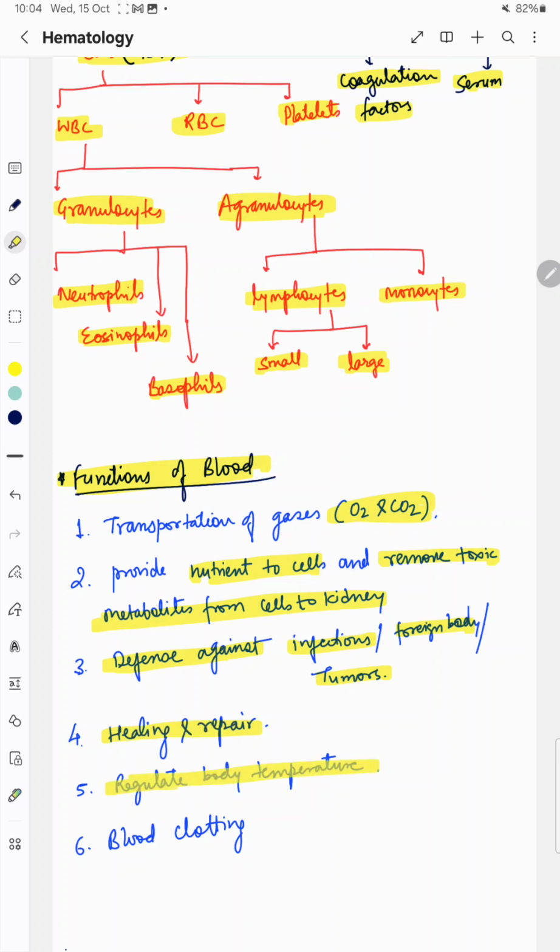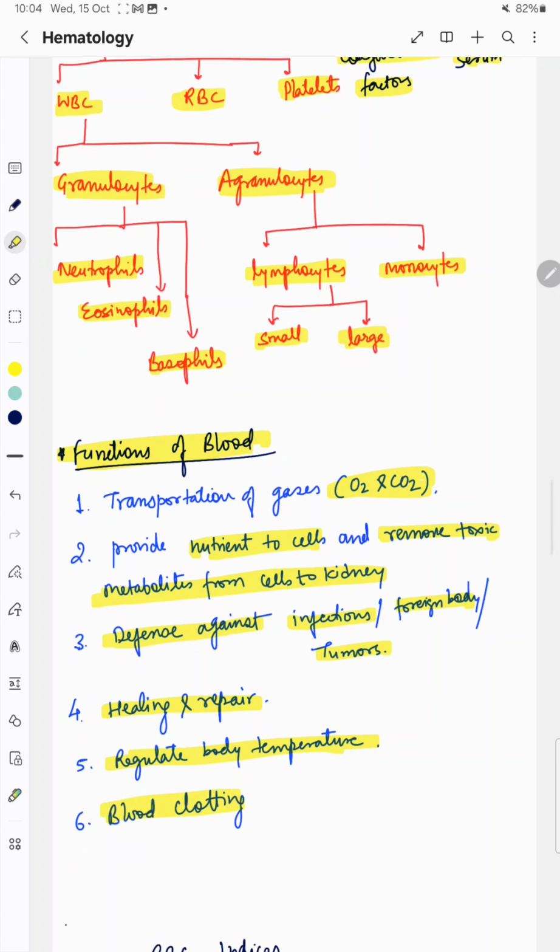It regulates body temperature and takes part in blood clotting or clot formation. So these are the functions of blood: transportation of gases, providing nutrients and removing toxic metabolites from cells to kidney, defense against infection, foreign bodies and tumors, healing and repair, regulating body temperature and blood clotting.